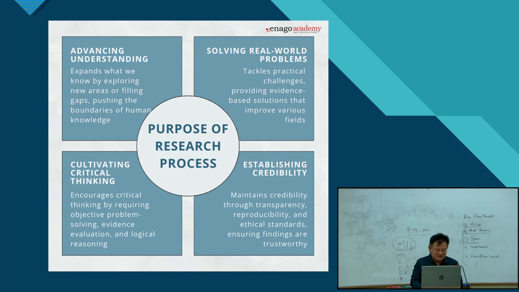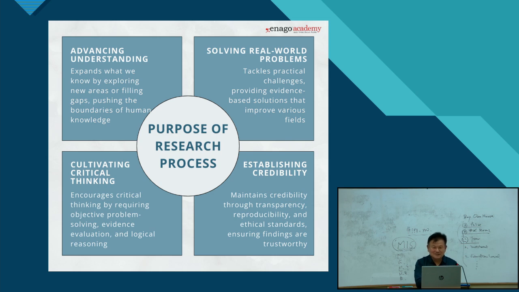Also, the purpose of the research process here is advanced understanding. It means I can show others advanced understanding of some topics. Also, another research paper purpose is solving real world problems.